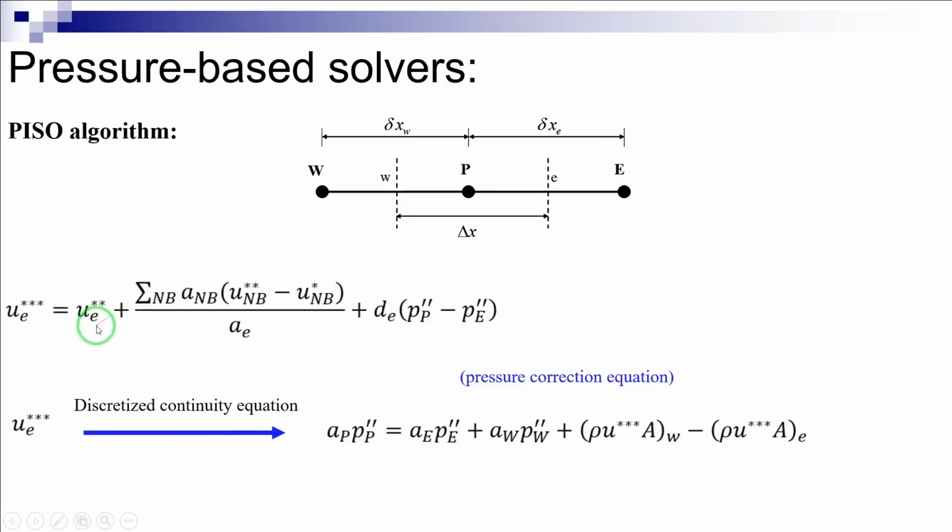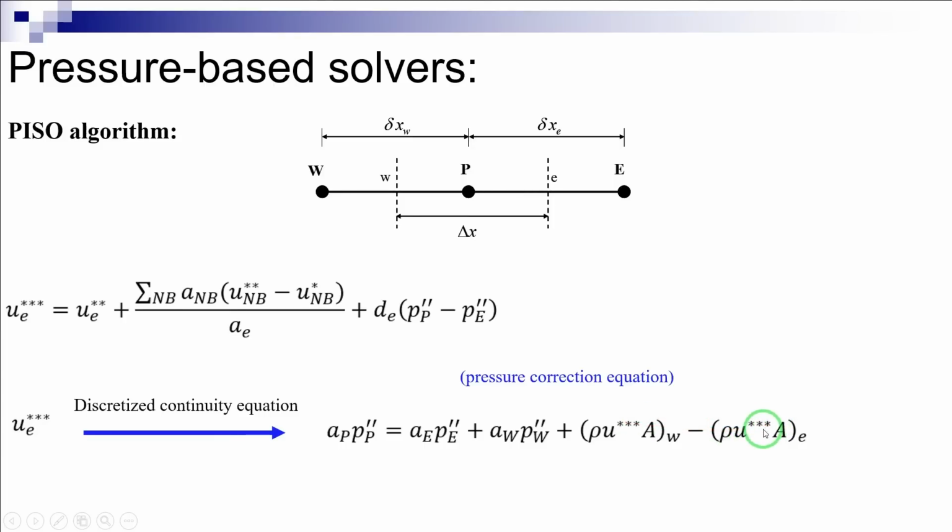Finally, by substituting the updated velocity values into the discretized continuity equation, we get this equation. This pressure correction equation looks identical to the pressure correction equation obtained for the SIMPLE algorithm. The last two terms are mass sources indicating the residue. Our goal here, again, is to use the pressure correction to eliminate this residue.